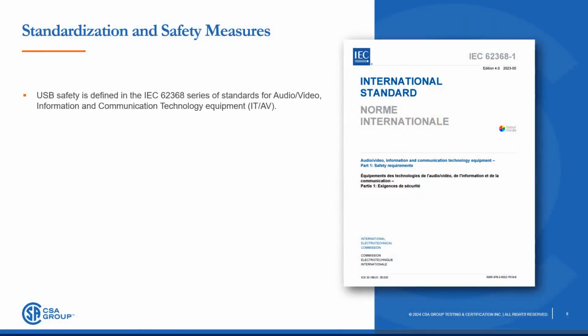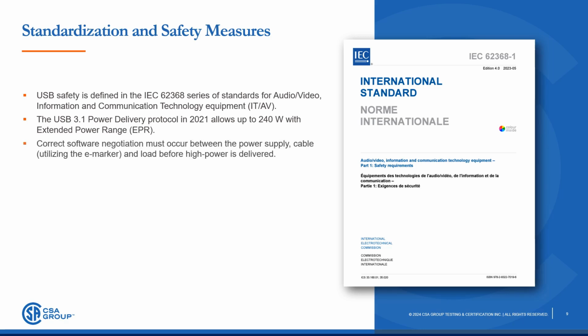Modern USB connection methods should adhere to the IEC 62368 series of international standards for audio, video, information and communication technology equipment, which will subsequently be referred to as ITAV. The introduction of the USB 3.1 power delivery protocol in 2021, applicable to interface connections such as USB-C, empowers devices with the ability to deliver up to 240 watts by utilizing extended power range, abbreviated to EPR.